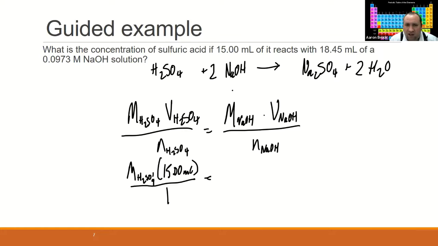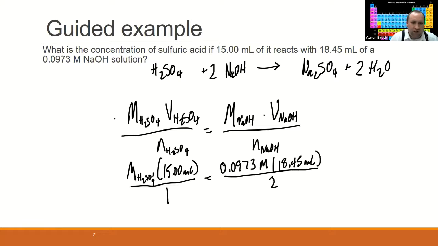On the flip side, my molarity of sodium hydroxide is 0.0973 molar. My volume is 18.45 milliliters for the sodium hydroxide, and my coefficient is 2 here. Doing some algebra to solve, I'm going to need to multiply each side of the equation by 1 over 15 milliliters. That's going to cancel out everything.